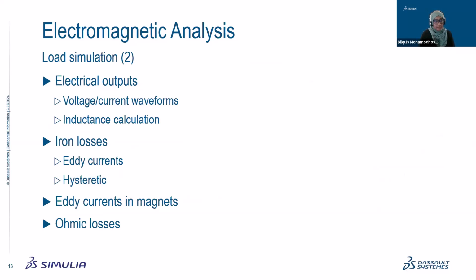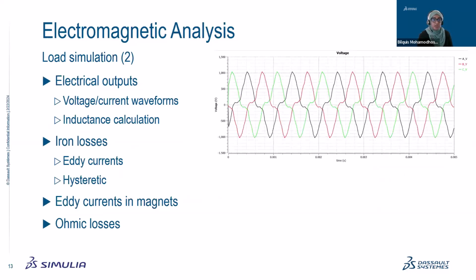For the electrical outputs, we also like to look at the voltage or current waveforms from the stator windings. It's very important to look at those just to make sure we have correct outputs, that we don't have any faults in the machine, and that we have the three-phase supply, which is 120 degrees out of phase, for example, which is needed, and just to make sure everything is fine on the winding side.